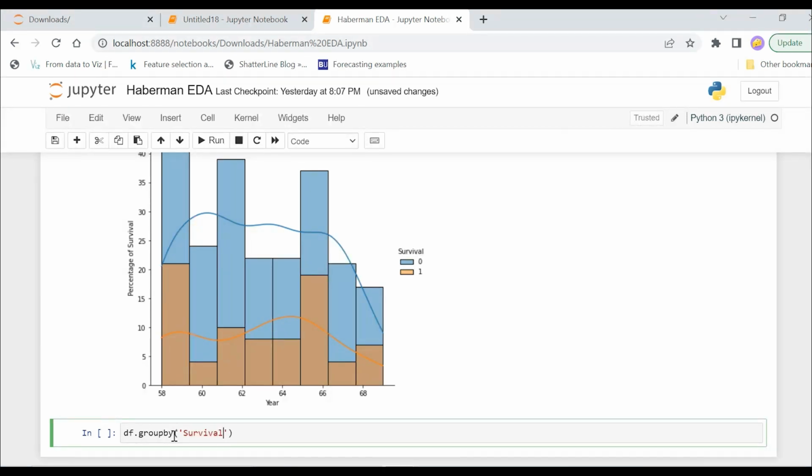survival, year, dot value counts, dot unstack.